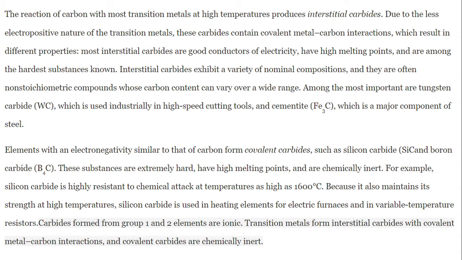Silicon carbide is used in heating elements for electric furnaces and in variable temperature resistors. Carbides formed from group 1 and 2 elements are ionic, transition metals form interstitial carbides with covalent metal-carbon interaction, and covalent carbides are inert.